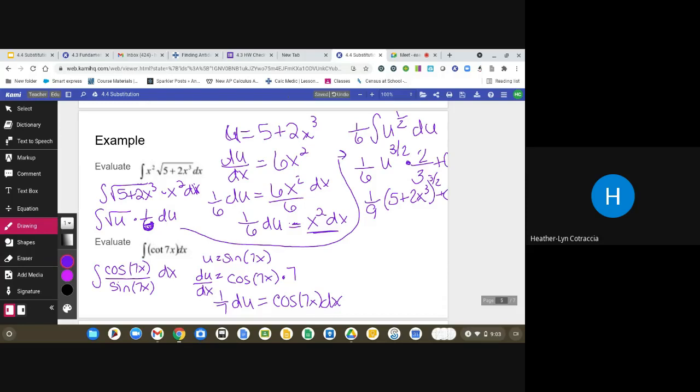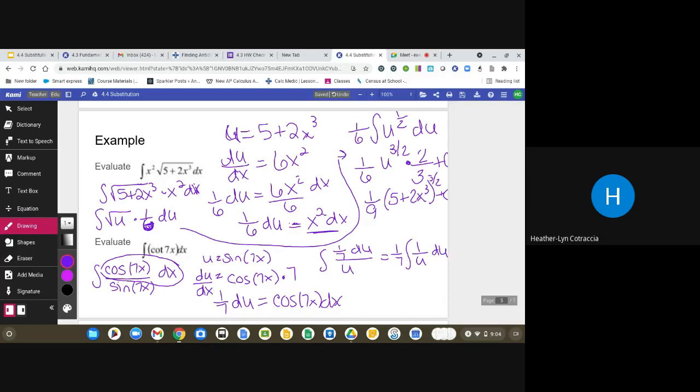And looking over here, if you notice, there's my cosine 7x dx. So I'm going to be left with the integral of 1/7 du all over sine 7x, which was my u. So cleaning that up, I bring the 1/7 to the outside. I'm going to write this as 1 over u du.